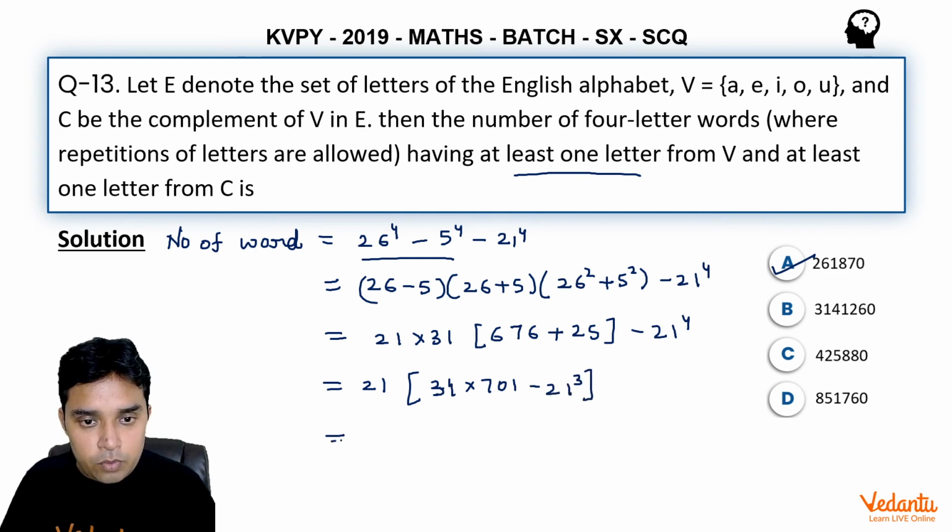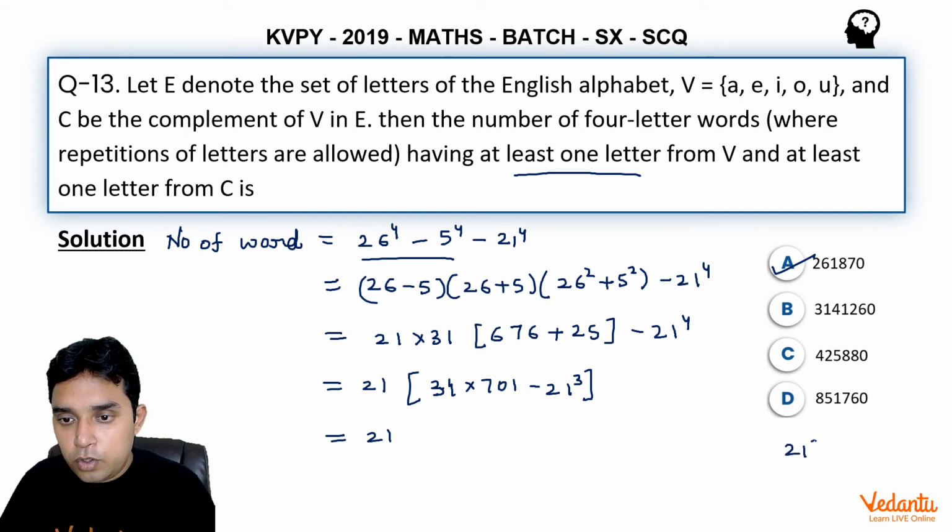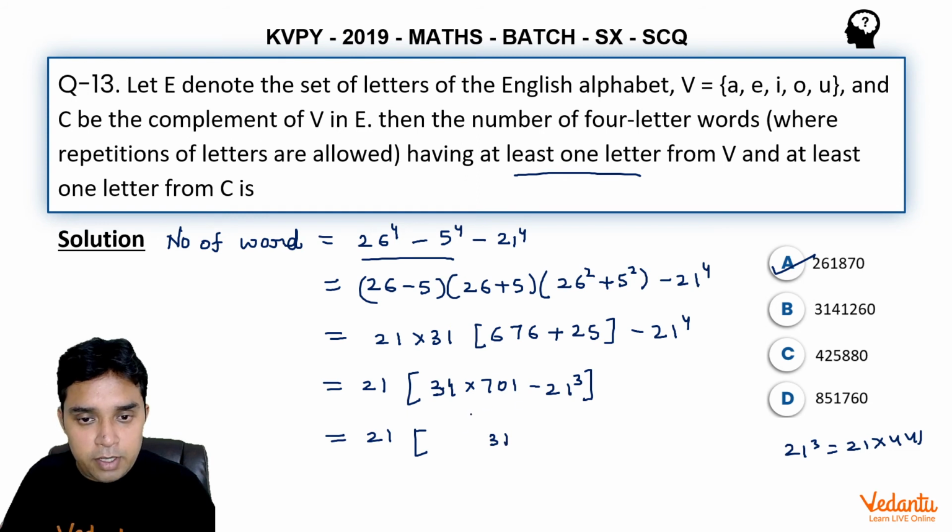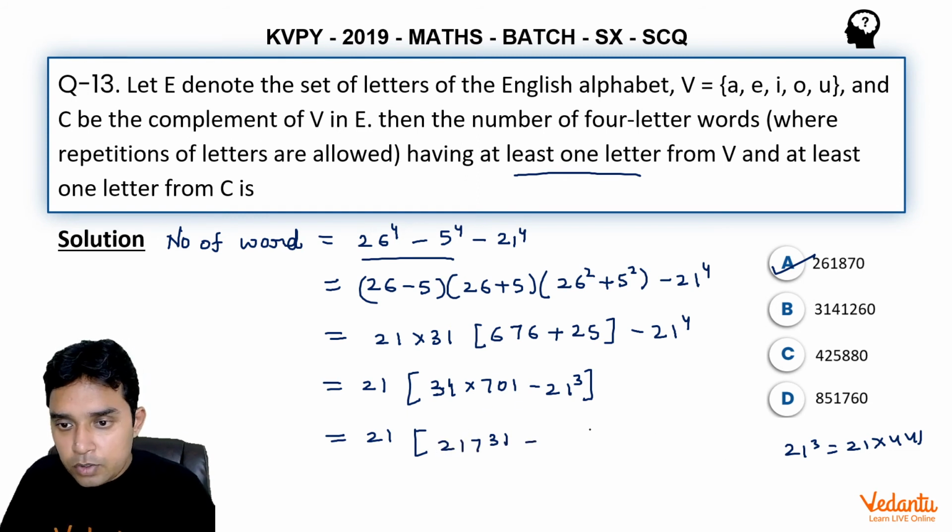Now, 21 cube can be found. 21 cube means 21 into 441. So we can write this as 31 into 701, which will be 21731, minus 9261, which gives 12470 inside.